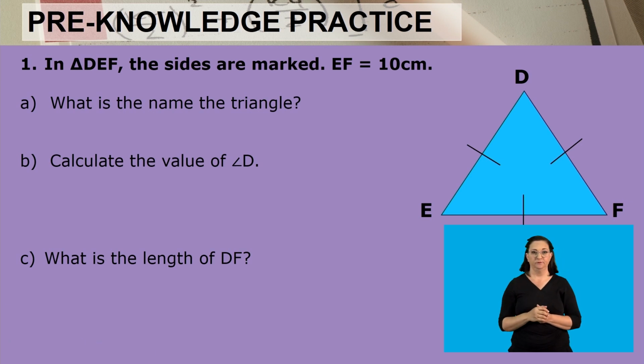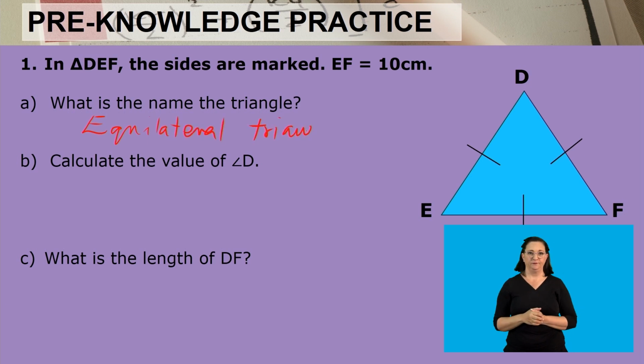We look at the markings. All sides are equal because there's only a similar mark on all the sides. And with those three sides equal, it is an equilateral triangle. So that is the name, equilateral triangle.